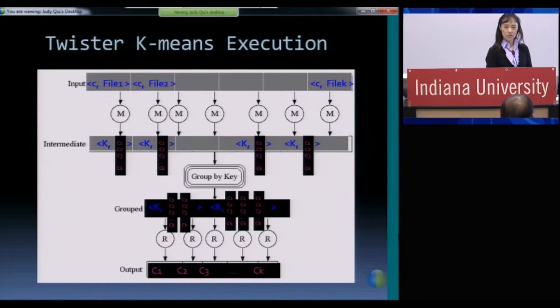As we understand, MapReduce mainly is about how you utilize key-value pairs. So in here, in the initial key-value pairs, the value is the file. The intermediate key-value pairs become the key and the vector space of the centroids. So the reduction ultimately gets the result of the cluster centers, exactly what we want.